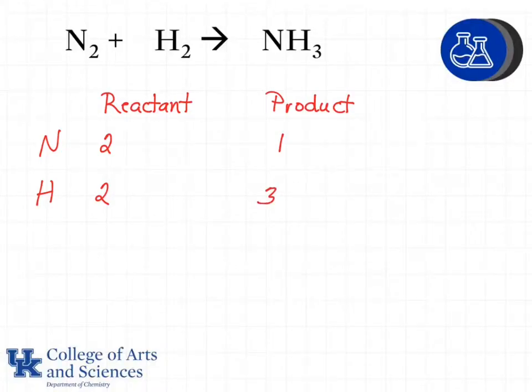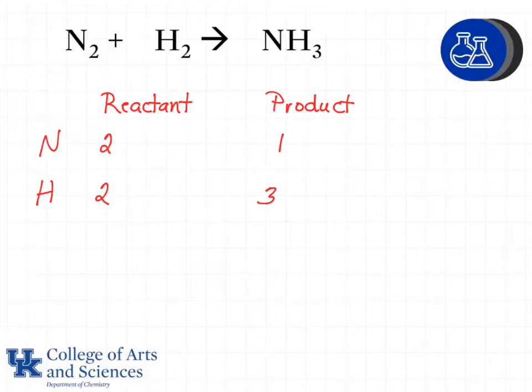Note that when we're balancing equations, we cannot change the chemical formulas, which means we cannot change any of the subscripts. We can only change the coefficients, or the numbers that go in front of a chemical formula. First, let's look at the nitrogen. We see that we have 2 nitrogens on the reactant side, but only 1 on the product side.